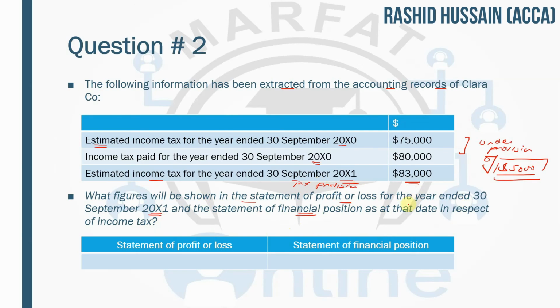So remember, 83,000 is the current year tax charge, and under provision will increase the current year tax charge. So in the statement of profit or loss, there will be 88,000 recorded as the tax expense. And in the statement of financial position, the current liability will be the current tax provision, which is 83,000.